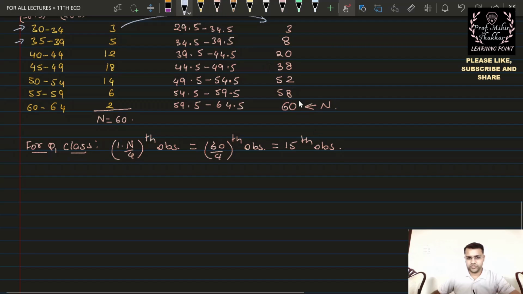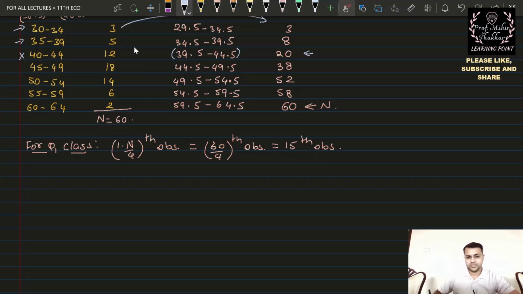So search for the cumulative frequency which is just greater than 15, 20 over here. And therefore, friends, you have to take the continuous class that we have made and not the actual class that the question is giving to you. We have to be very careful in this kind of questions.